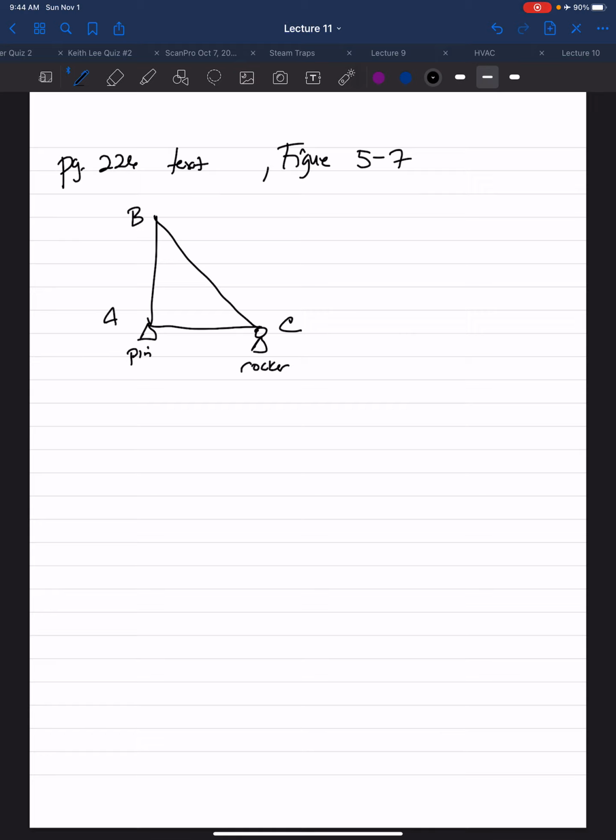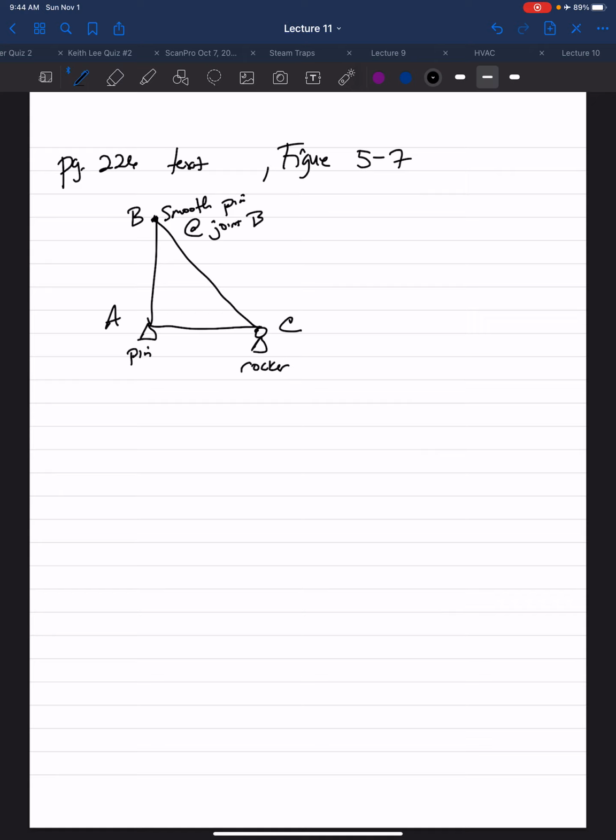This is where the two members, member AB and member BC, come together at this joint. We usually state the members based on the other joints that come together.